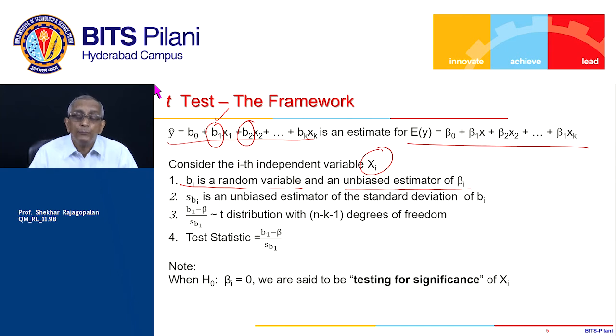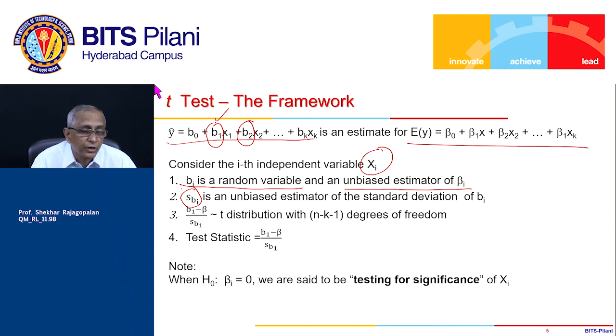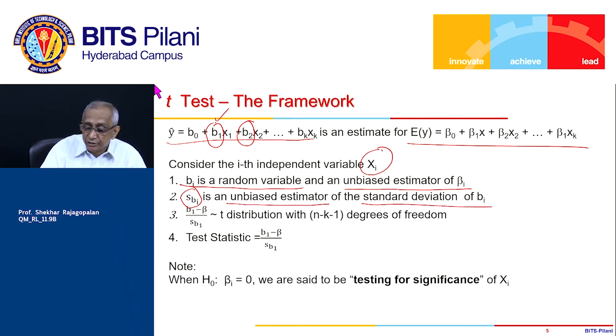Therefore, now if bi's are random variables, they must have a standard deviation, which I am denoting by s_bi. I'm not interested in the formula for s_bi, so let's forget about it. But there is an estimate for the standard deviation of the bi's, and s_bi is an unbiased estimator for the standard deviation of the bi's.